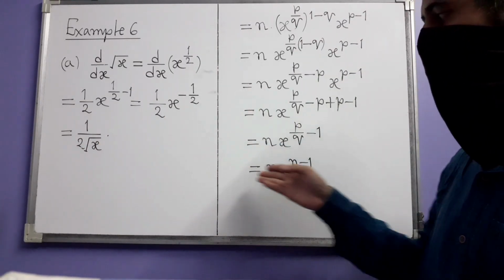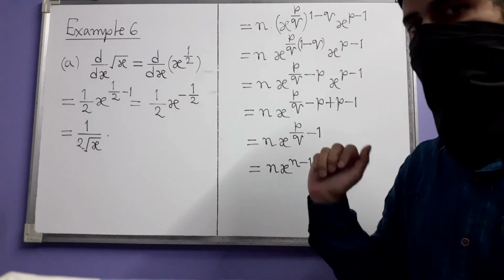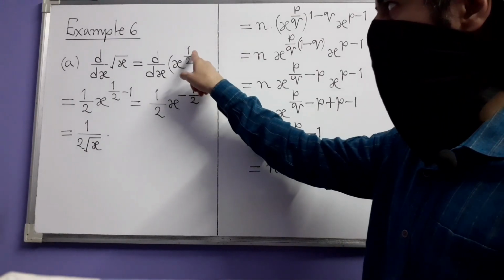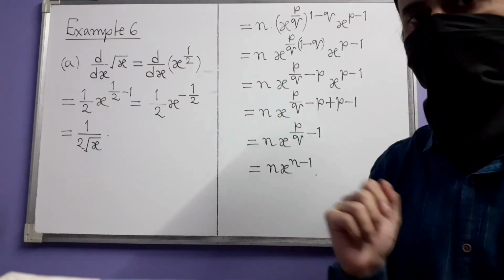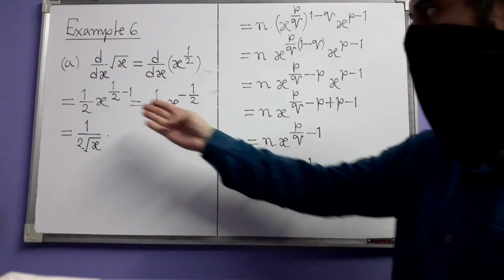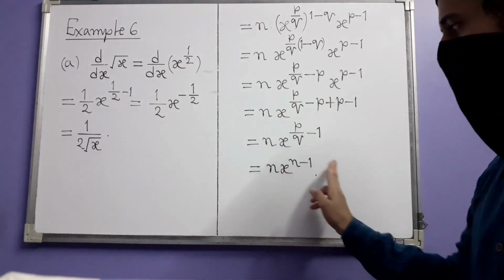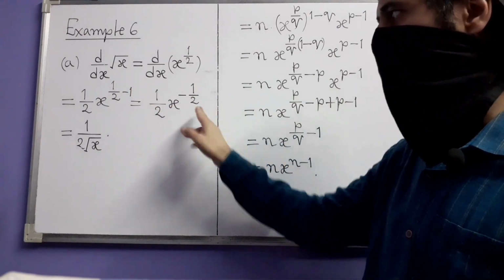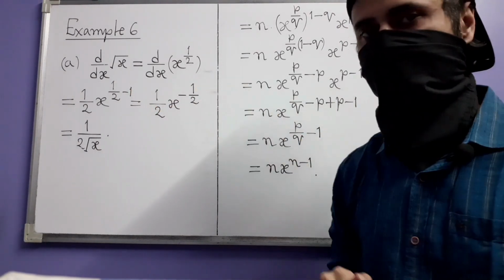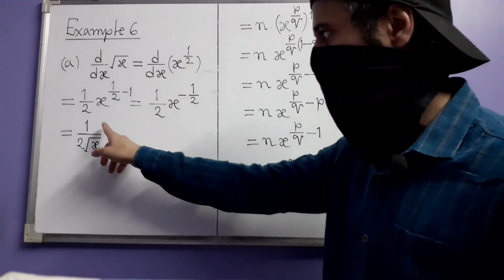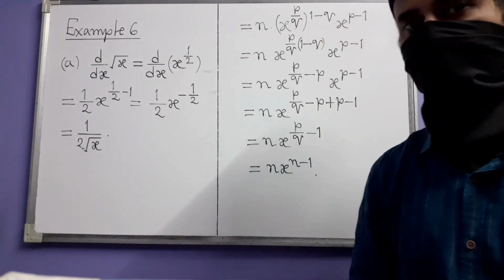But let us now do it using this formula. Now we can use it because our exponent is a rational number, 1 divided by 2. So by this formula, the derivative is 1 divided by 2 times x to the power n minus 1, which is minus 1 over 2, and that is 1 divided by root x. And that's how you get your original formula back.